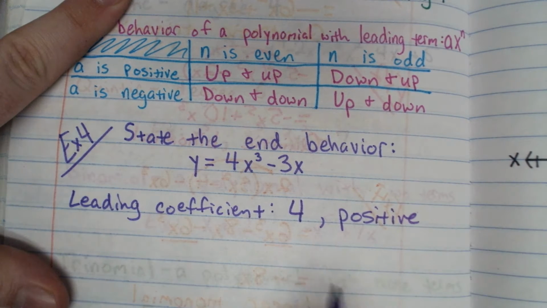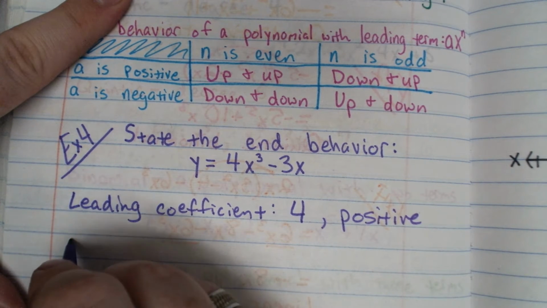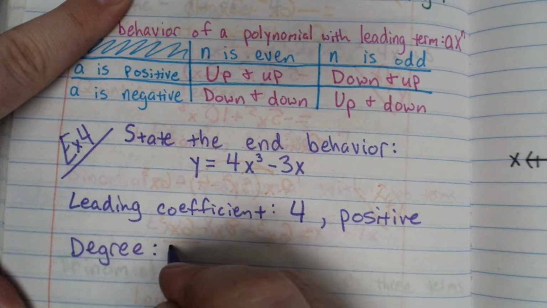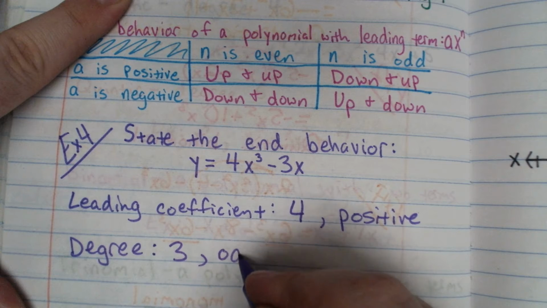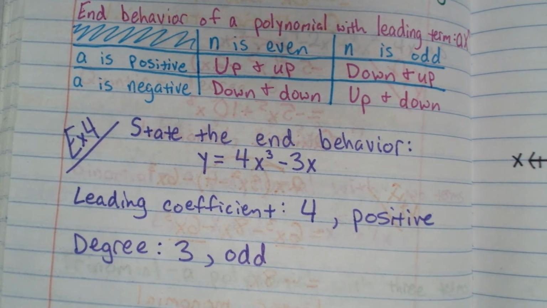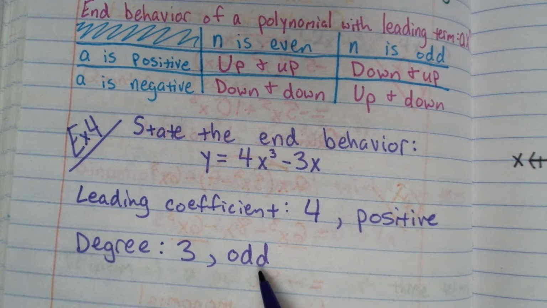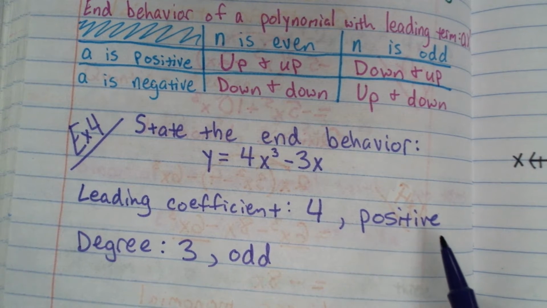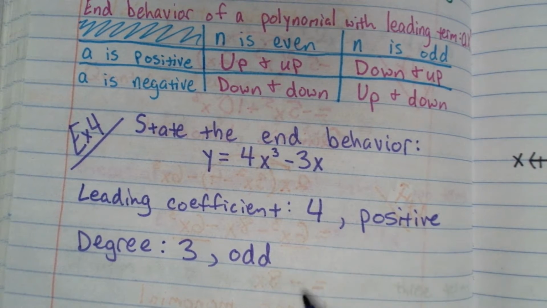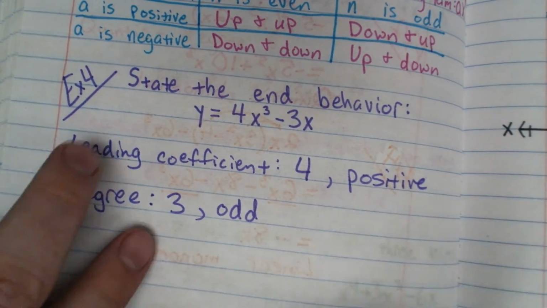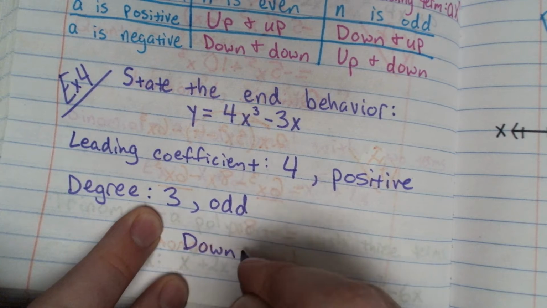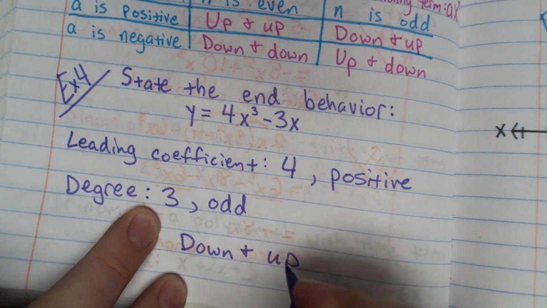And the degree is 3 because we go to the third power, which is odd. So keep in mind that odd degreed polynomials have end behavior that go in opposite directions. And when it's positive, you go down to the left and up to the right. So our end behavior should be down and up.